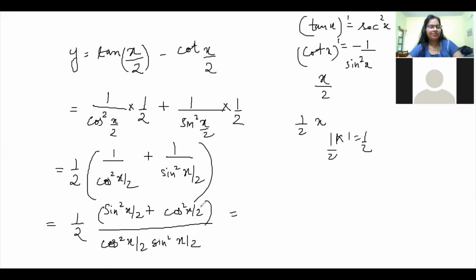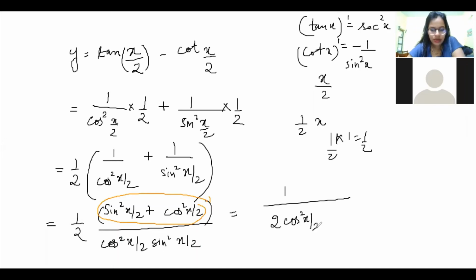So what is it? Anyone? That becomes 1. Remember? Yes. It becomes 1. So on the top, this fraction will become 1. Okay. So this becomes 1 by 2 cos square x by 2 and sin square x by 2.